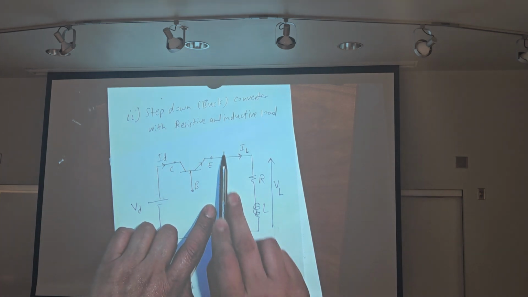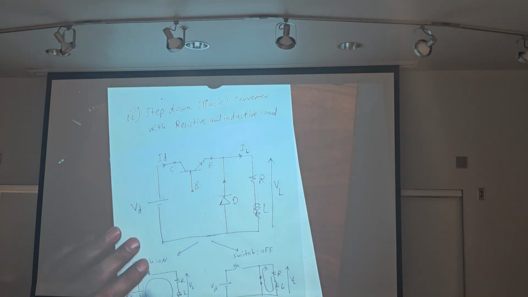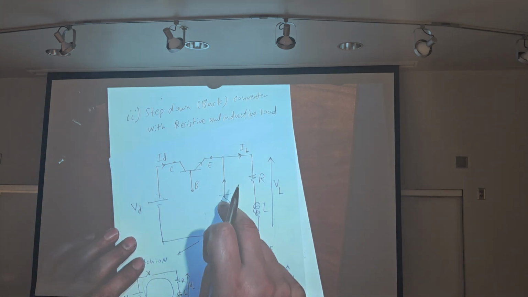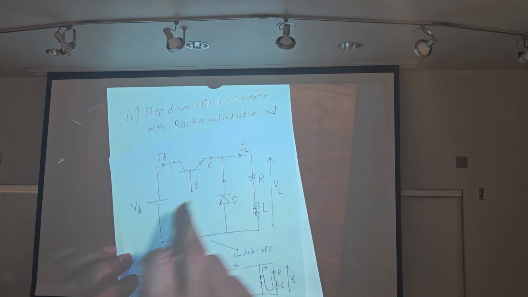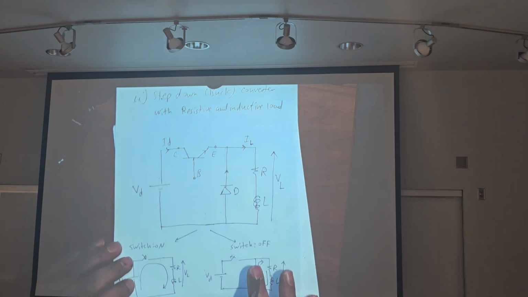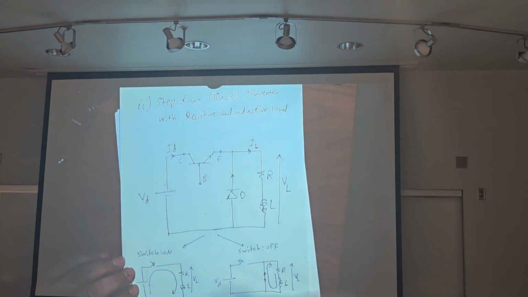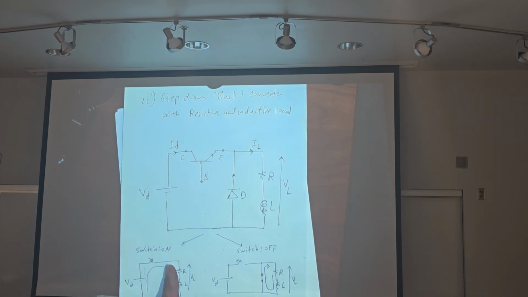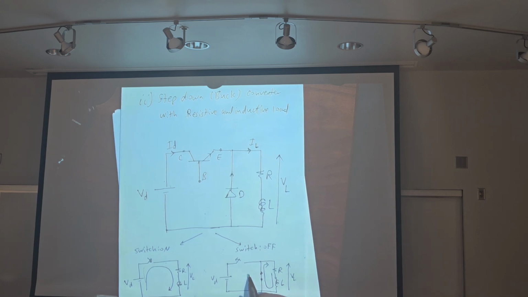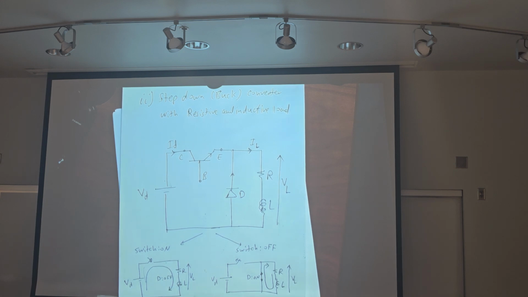The current flow direction is very important for the operation of the diode, whether it is on or off. In one case the diode is off, and here the diode is on.